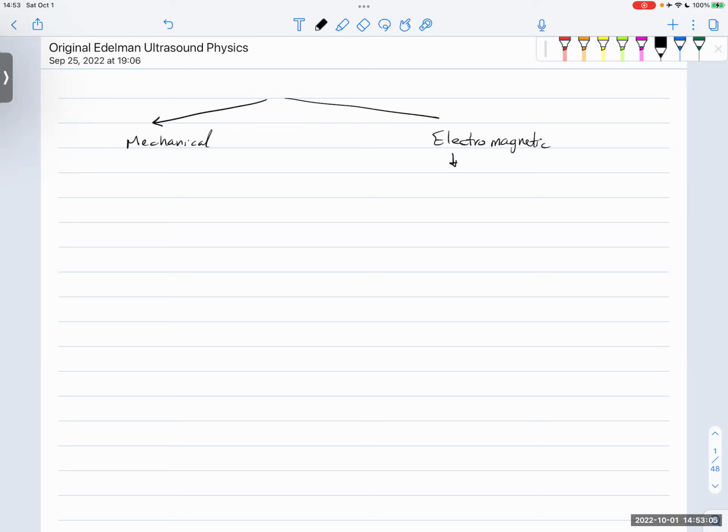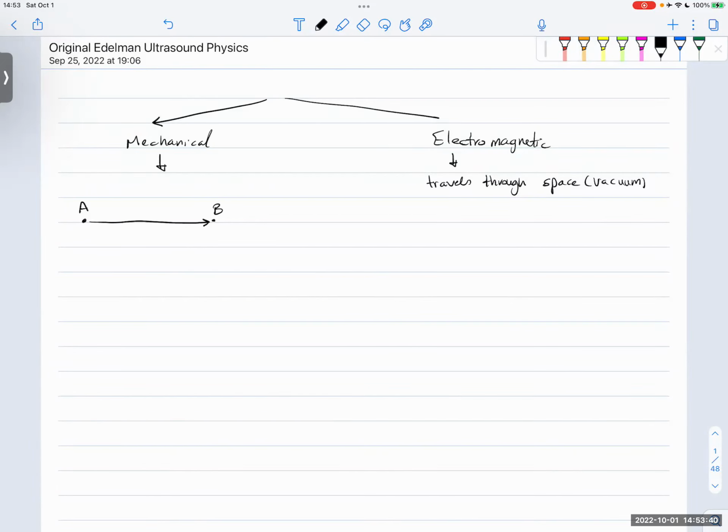Whereas a mechanical wave is a type of wave that carries energy from point A to point B.